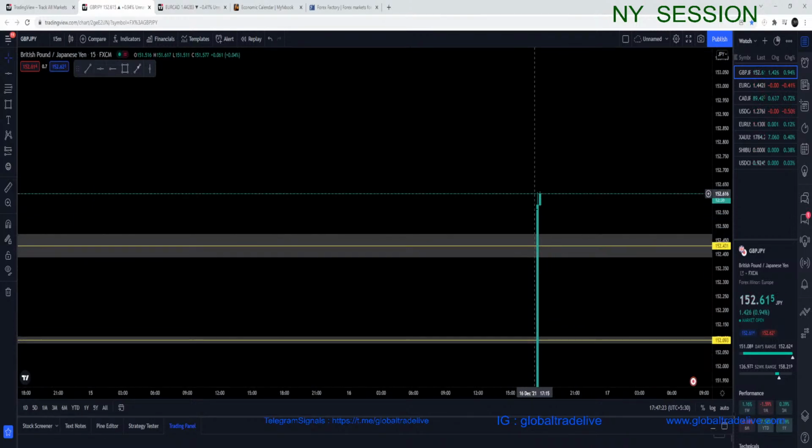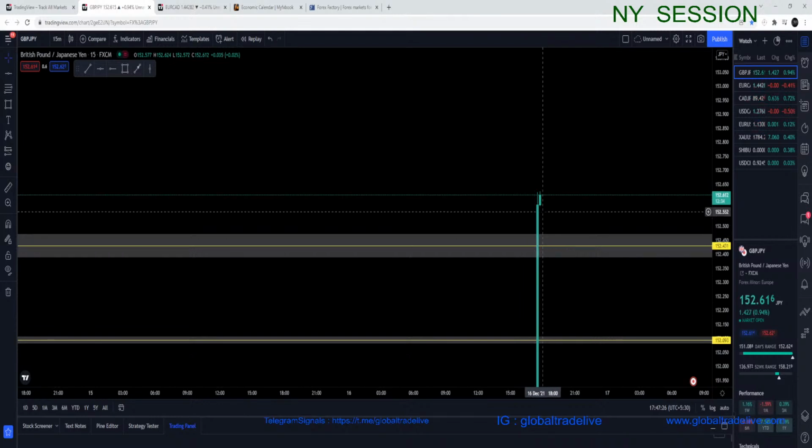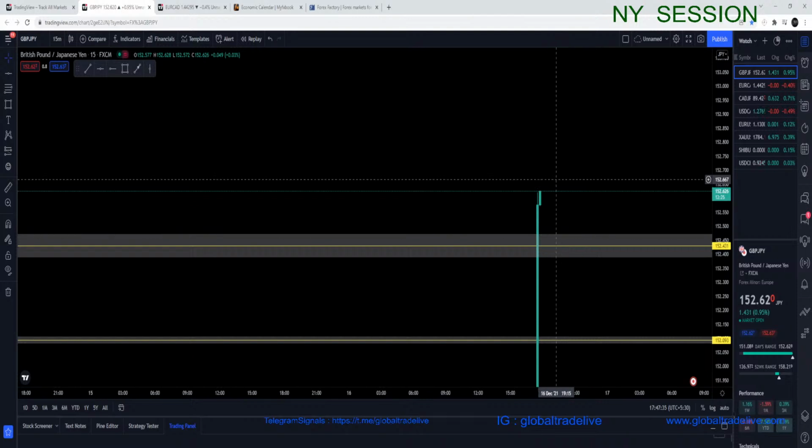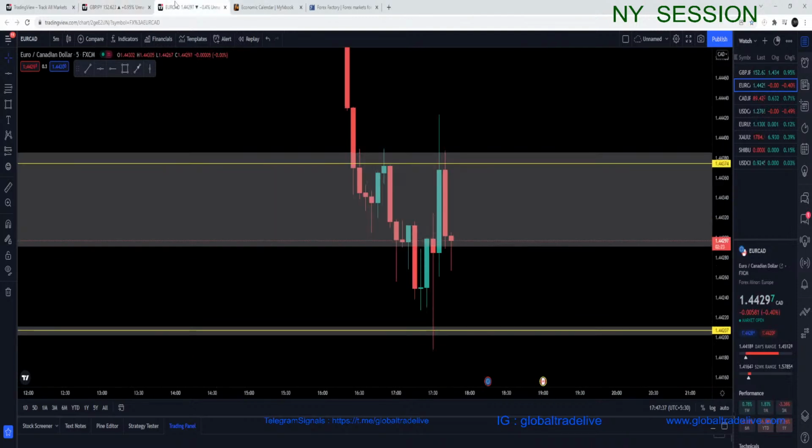Look here, 15-minute candle closed strong bullish. Now there should be a candle which should retrace back, give us a bearish candle, and then there is a candle which will be breaking the highs of the previous candles.